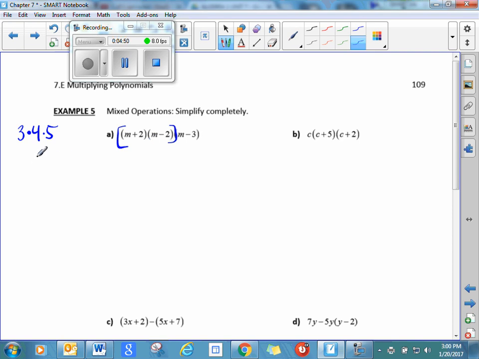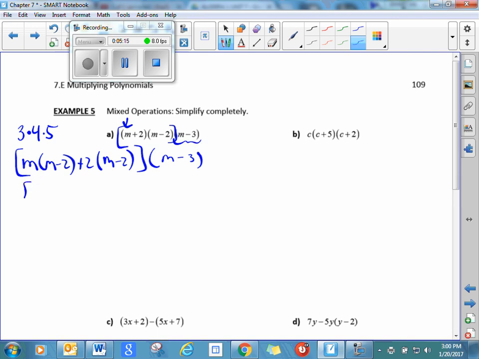I'm going to start over here, and I'm going to take this m and distribute him to the m minus 2, the other factor. And then I'm going to take the positive 2 and distribute him. And now this is all still inside my brackets. When I clean this up, I've got one more multiplication piece to do with this guy right here.